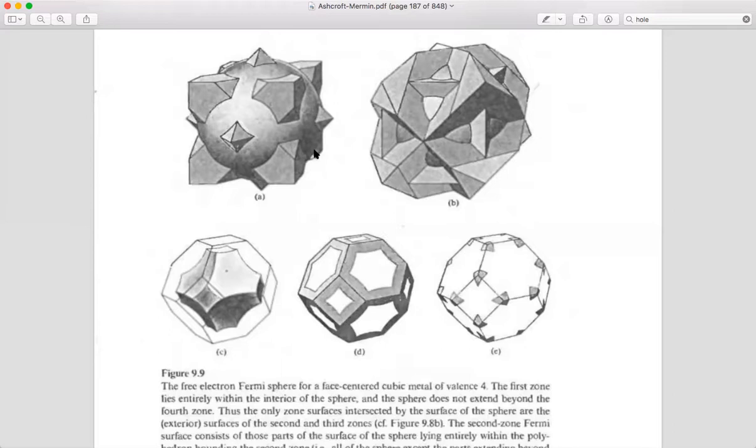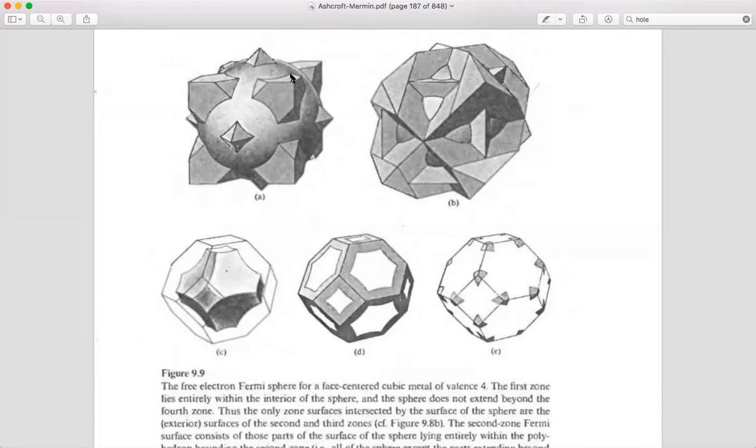But the surface of the sphere has parts in the 2nd Brillouin zone and the 3rd Brillouin zone. So the boundary between the 2nd and the 3rd Brillouin zone would cut this surface, and the boundary between the 3rd and the 4th Brillouin zone would cut this surface.